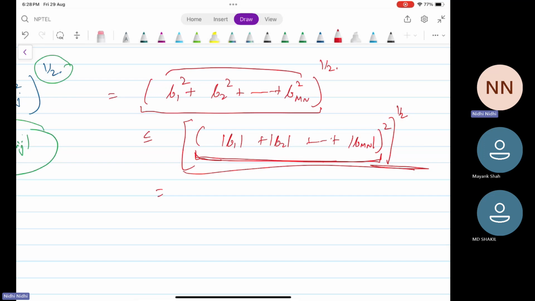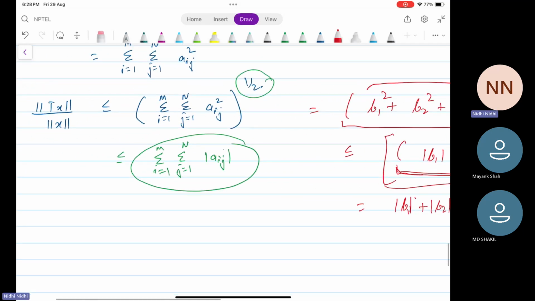Eventually that's the same inequality. So now we can cancel these powers. So this will be mod b1 plus b2 up to bn. That's what we are using here.